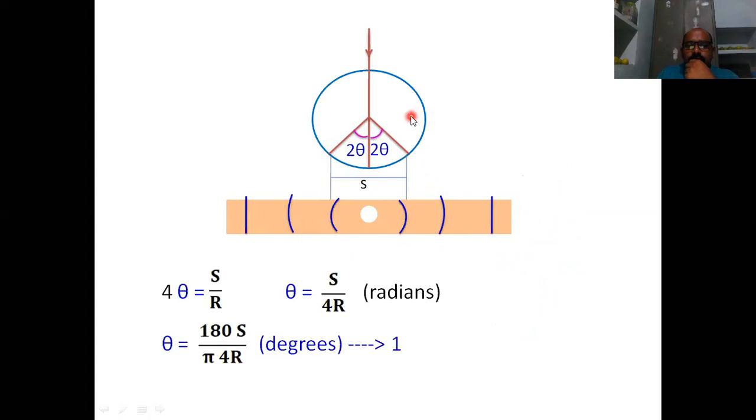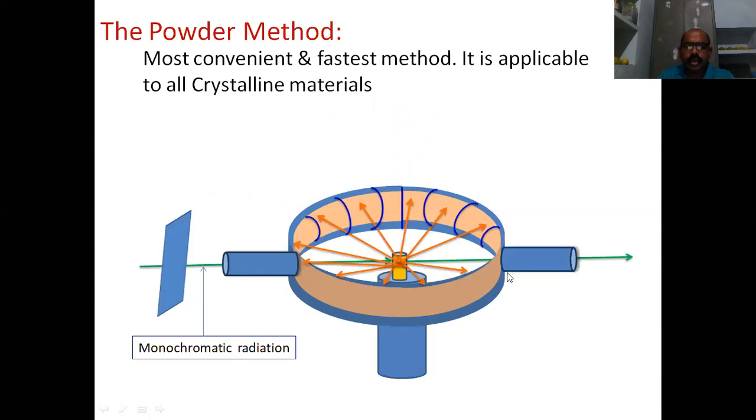At this position, we get the vertical lines. After that, we see the backward reflection. If the angle is 45 degrees, we get these vertical lines. If the diffraction angle is greater than 45, the back reflection of X-rays occurs.